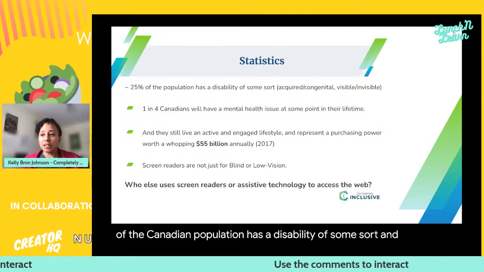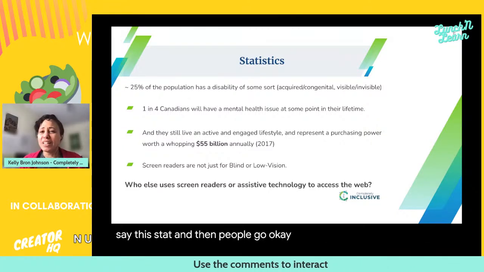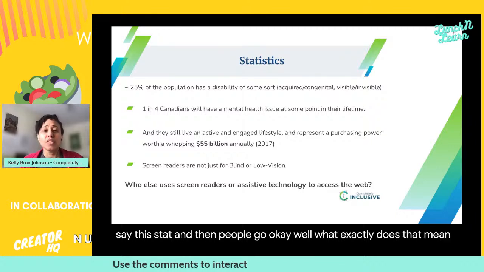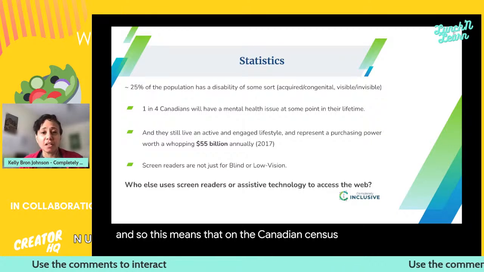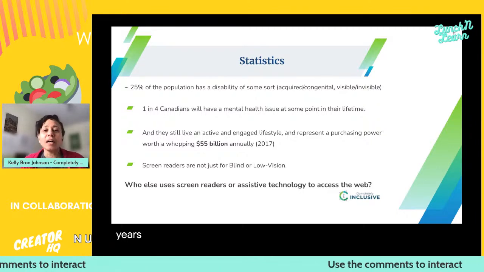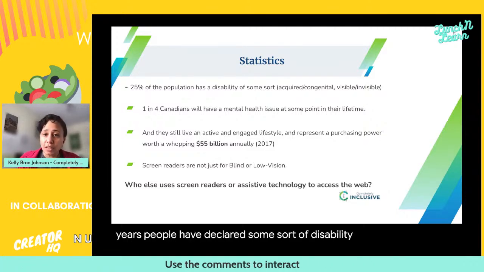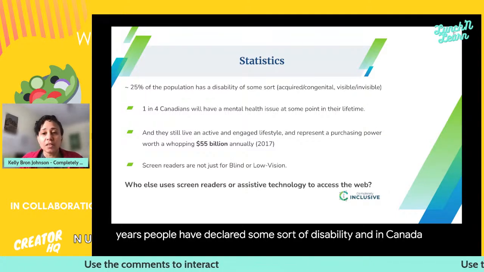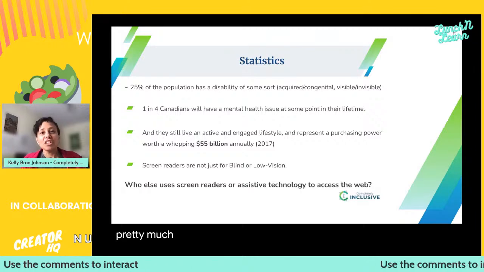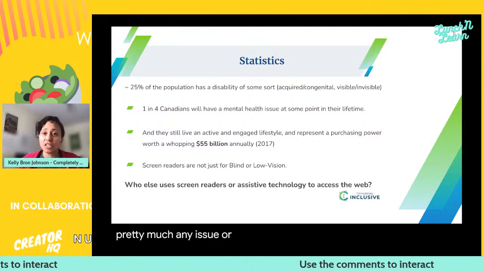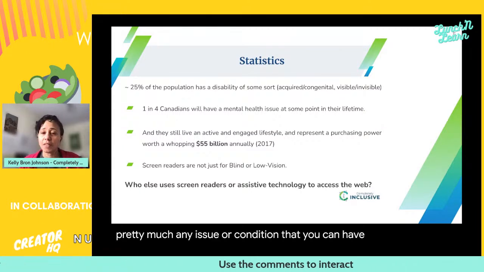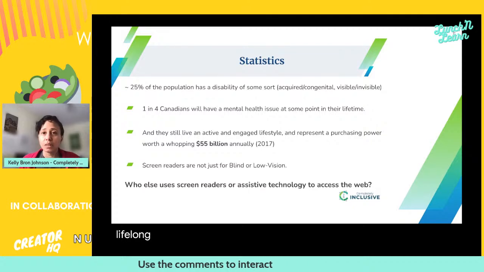And I say this stat and then people go, okay, well, what exactly does that mean? So this means that on the Canadian census that we have every 4 years, people have declared some sort of disability. And in Canada, that is pretty much any issue or condition that you can have that can be lifelong or episodic.